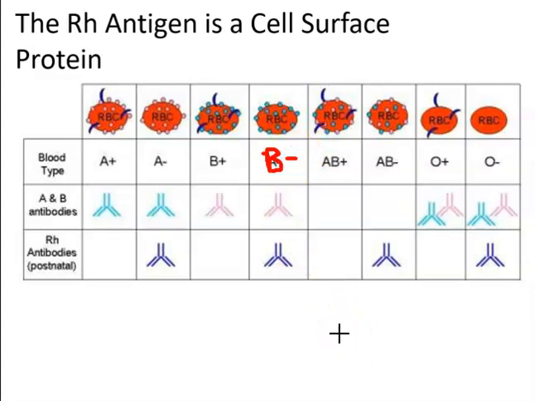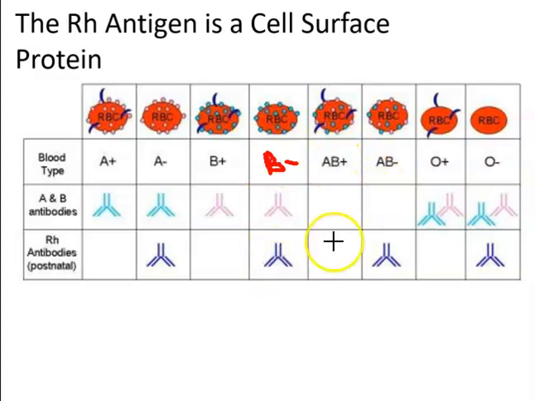So B negative here, meaning they have the B antigen on the surface of the red blood cell. However, they do not have that Rh antigen. So within the serum, they'll have the anti-A antibodies as well as the Rh antibodies within the plasma.